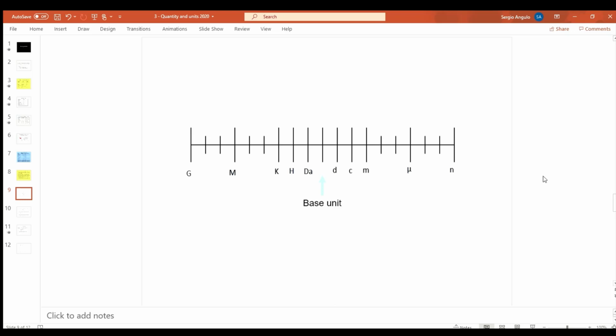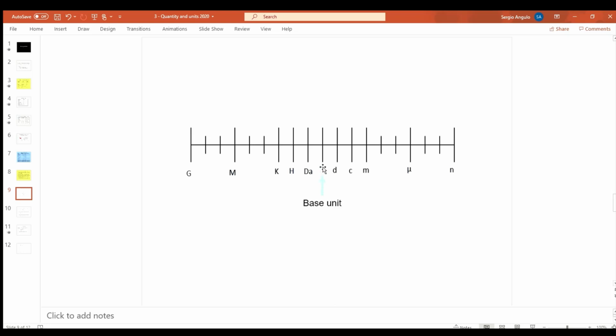One last thing, I'm going to include another video of somebody that uses something that looks like this. It's a kind of little number line for using the metric prefixes, and I'll let them explain it.